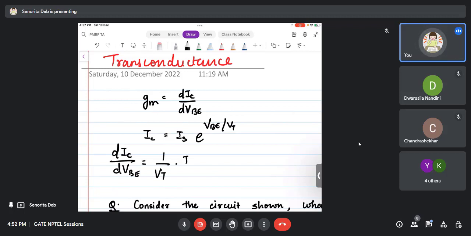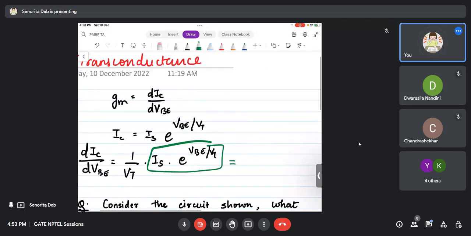And IS was constant. Since it is e to the power x and differentiation of x, this will be e to the power VB by VT, and this term here is nothing but IC. So you get IC by VT. This is how you arrive at GM. So GM is nothing but given by IC by VT.